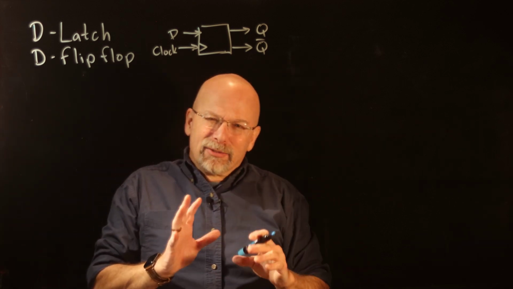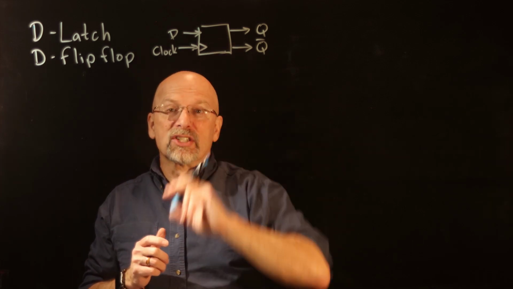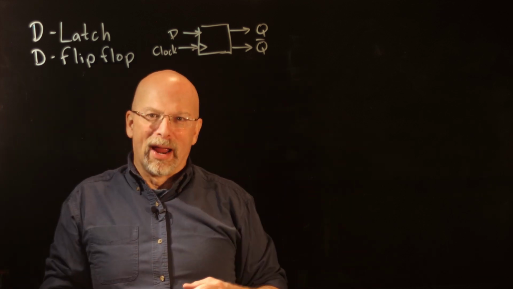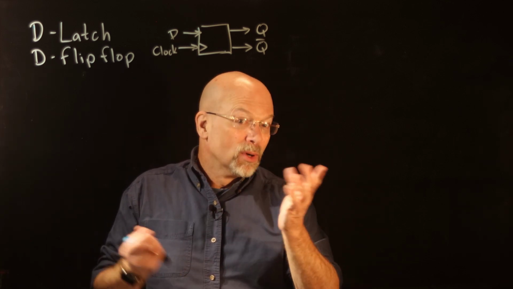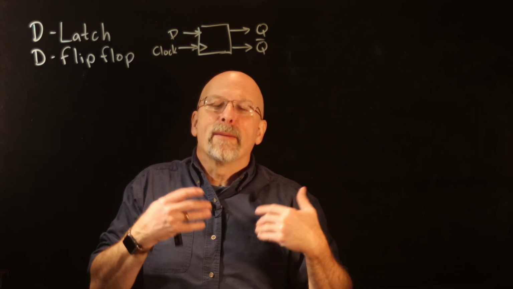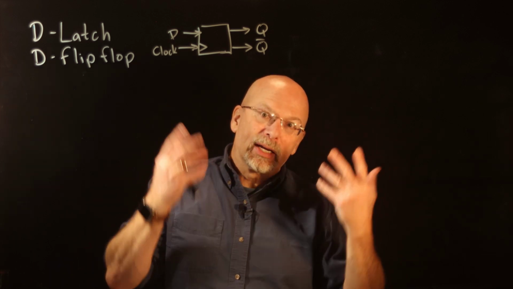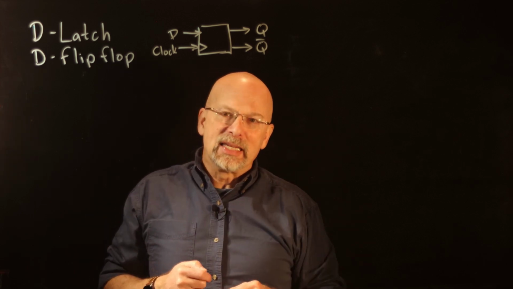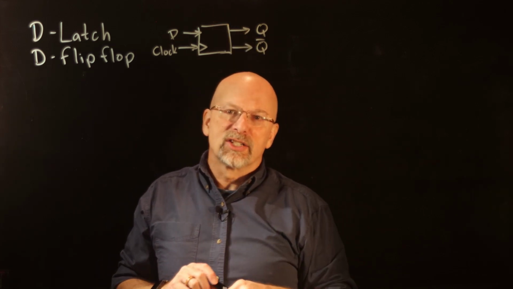Remember when you learned to program, the very first thing you did anytime you declared a variable was to initialize it? Well, S bar and R bar are our ability to initialize our hardware. When memory comes up, specific special purpose memory that we're going to do operations in, it's a really good idea to initialize it to something. So S bar and R bar are used to initialize the hardware.